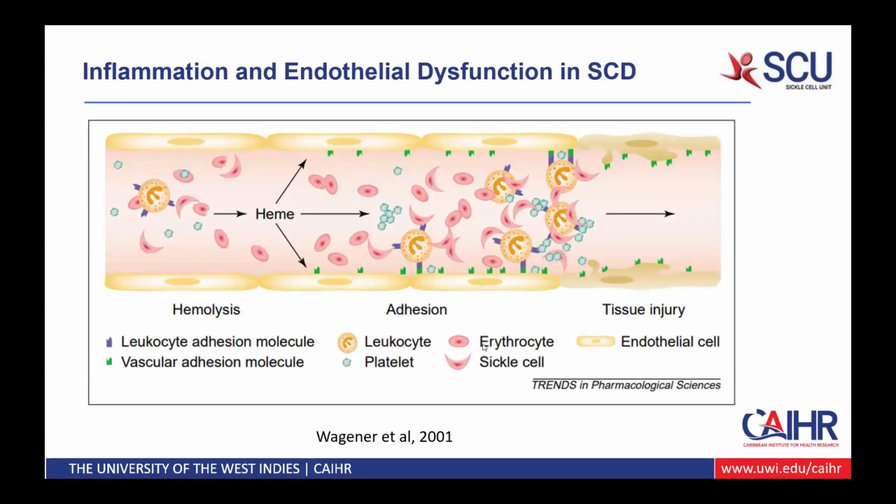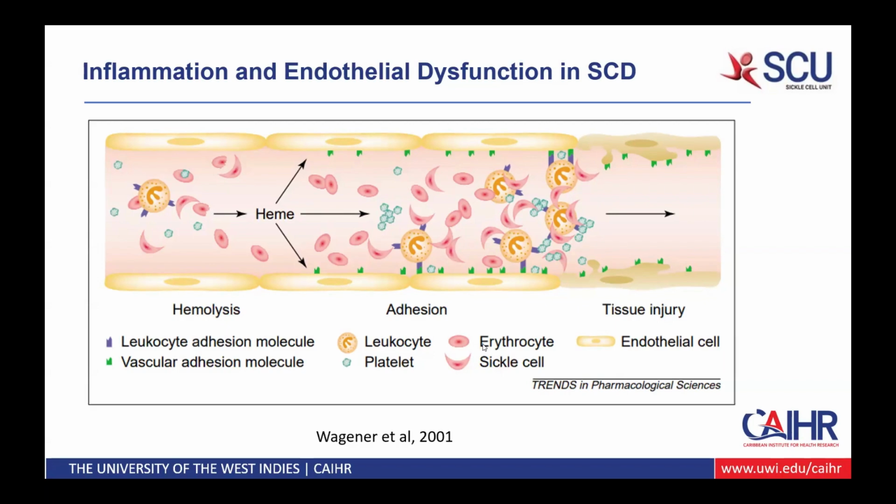This is just talking about the process of what happens with sickle cell disease. We know that in sickle cell disease, there is hemoglobin inside red blood cells, and that hemoglobin is abnormal. Under different stressors or environments, like when your oxygen gets low, when you get dehydrated, or when there are infections, it can cause these red blood cells to change shape, and not only can they block up blood vessels, they can also break up.